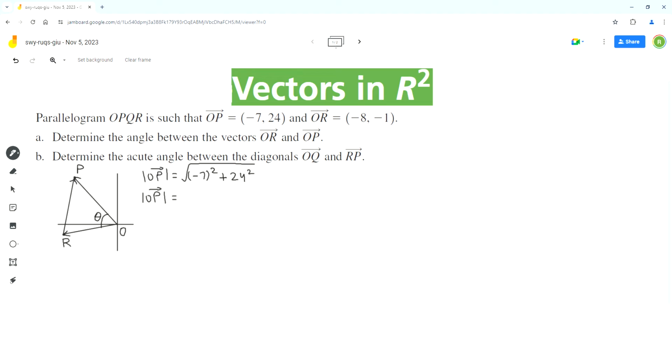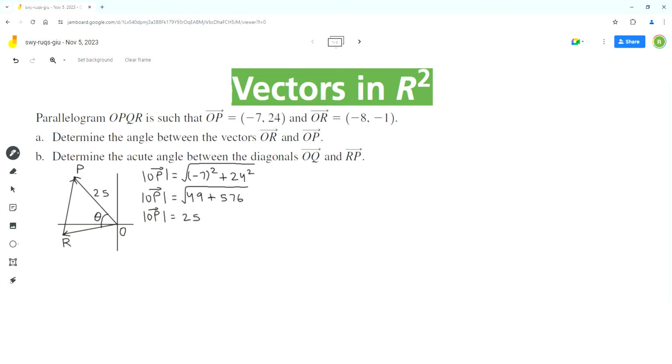We'll square the components, add them and square root the sum. So negative 7 squared is 49 and 24 squared is equal to 576. And 49 plus 576 is equal to 625, and the square root of 625 is 25. So that's the length of side OP in this triangle.